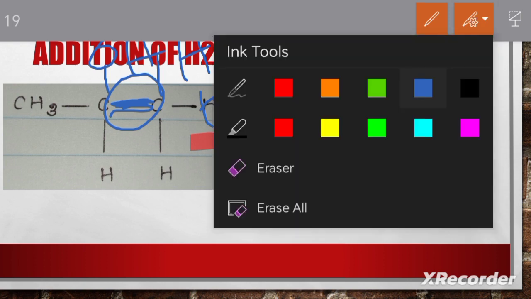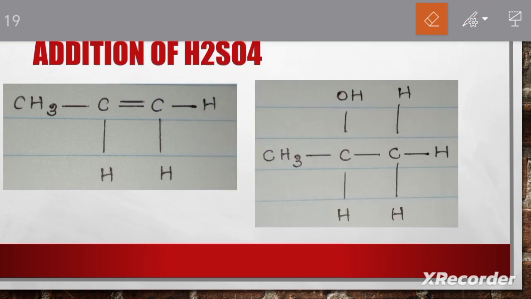As per Markovnikov's rule, the carbon which has higher number of hydrogen gets the hydrogen and the carbon with lesser number of hydrogen gets the OH group.